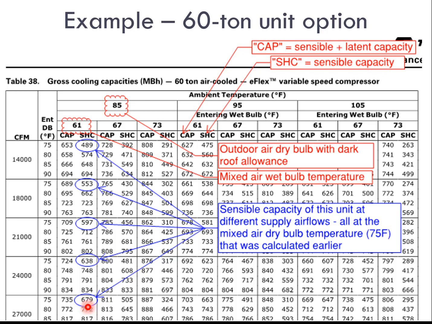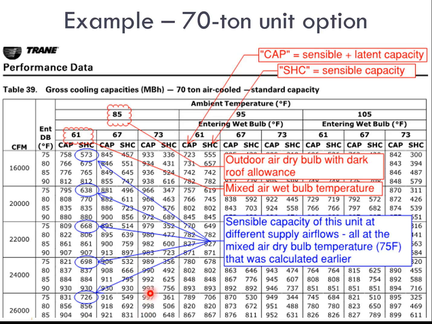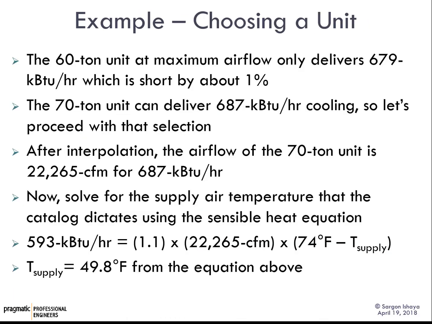And for that reason, we are going to start with the 70-ton unit. And then we're going to go back to the 60-ton unit. And the following slides describe this process. So we're short by about 1% when we choose the 60-ton unit.